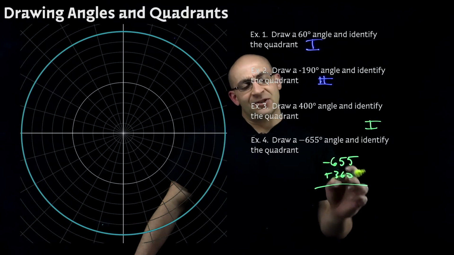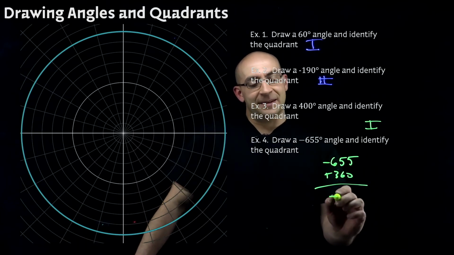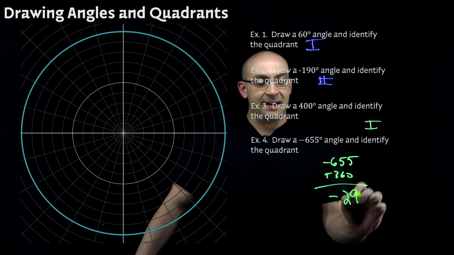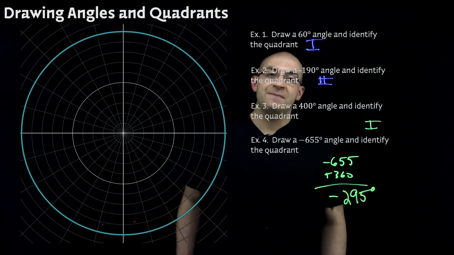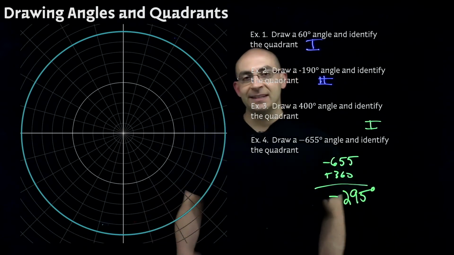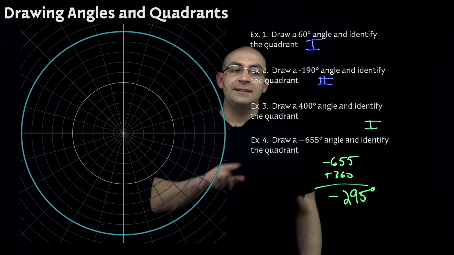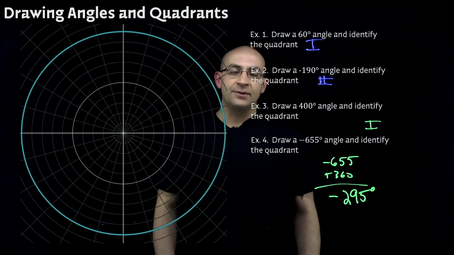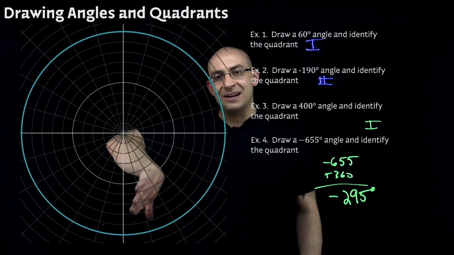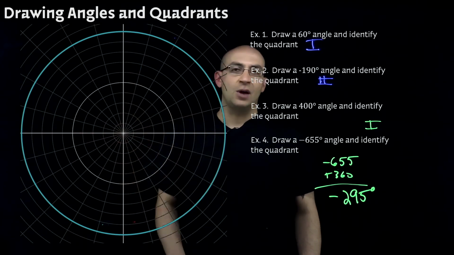If it was 300, it would be 660, so it's going to be negative 295 degrees. Okay, now, negative 295 degrees is something that I can work with really well. It's not one full rotation around, but we can use our 90 degree increments of our unit circle to help us.